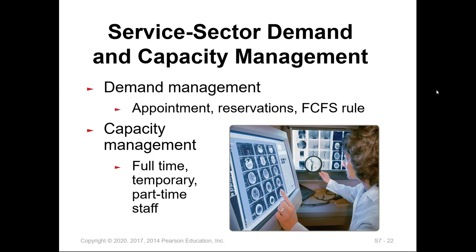This is what happens during the season of Christmas or Thanksgiving, when we have a lot of demand on the services, especially in retail or department stores. So they will hire temporary employees just for that season until they meet the capacity and demand requirement, and after that, they will have only their full-time employees available.